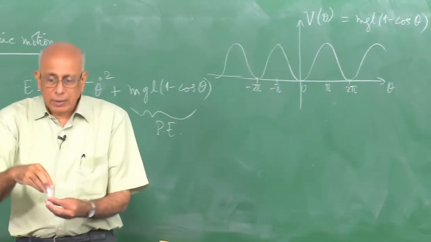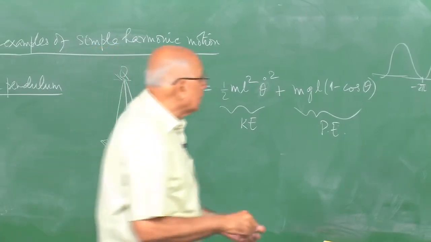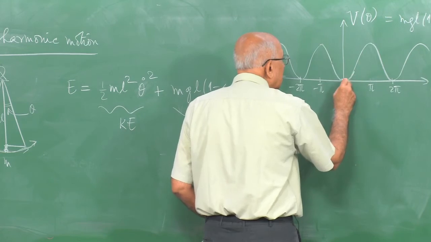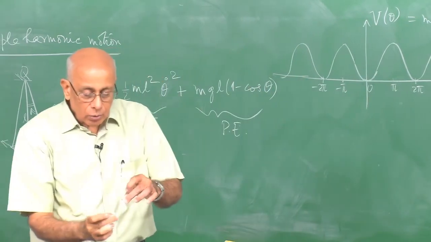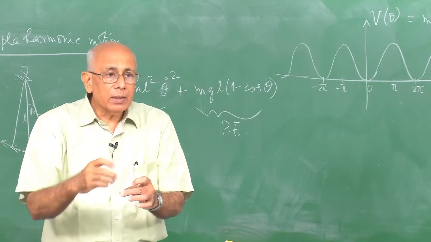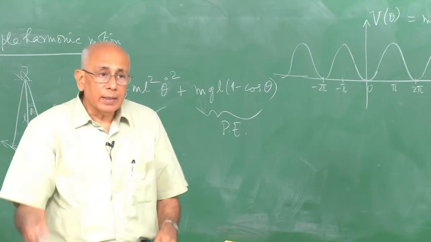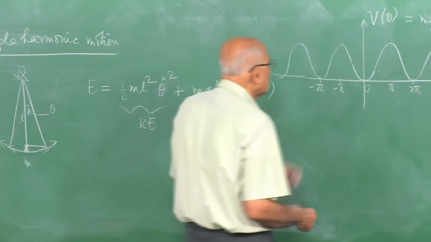So for small oscillations of this pendulum about theta equal to 0, you have something like oscillation in this potential here. Now of course you could have a larger oscillation, you could go all the way up to pi on this side, up to minus pi on this side. If you go beyond that, it escapes this well and falls into rotation if you increase the energy sufficiently.